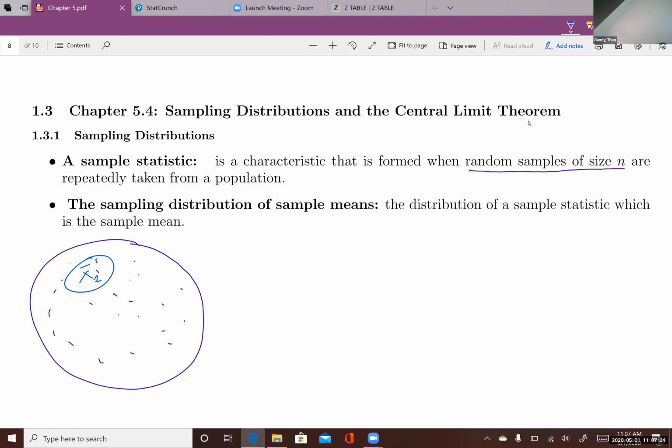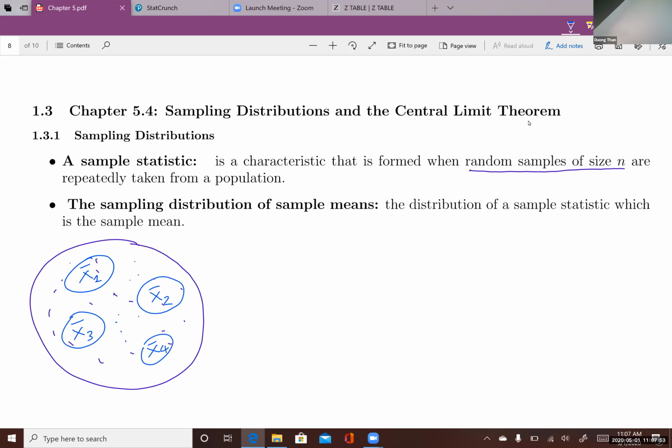And then I take another sample of size n, the same size, and I find the mean of the second sample, and so on and so forth. So I repeatedly take random samples of the same size, and I calculate the mean of each sample, so I'm going to have a bunch of them.